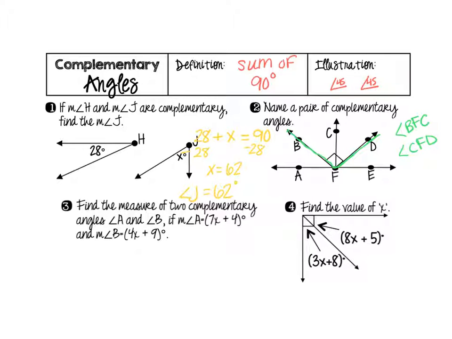Now I want you to try number 3 and 4 on your own. I'm going to help you set up number 3. It's a little bit complicated. I know that A plus B has to equal 90. So 7x plus 4 plus 4x plus 9 has to equal 90. So there's a hint to get you started.